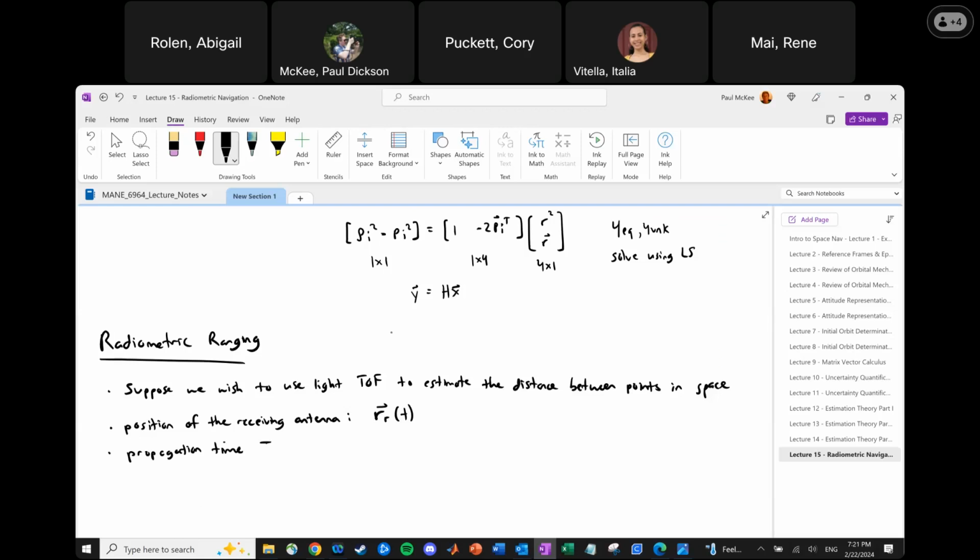This is the actual length of time the signal was in space, going from the transmitter to the receiver. And then there's the position of the transmitting antenna, which is going to look like the position of the transmitter, which is itself a function of t minus tau, right? Because you don't know where the transmitter is, you know where the transmitter was tau seconds ago. So this is at the time the signal was sent.